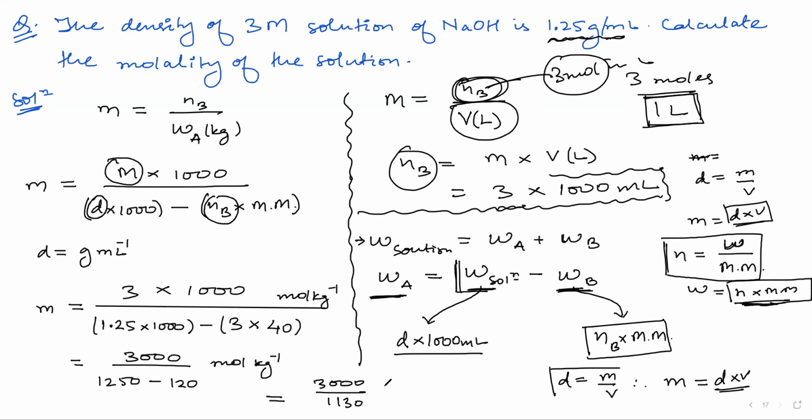Yes, sir. So this will be now 3000 by 1130, and you will get this as 2.6, I guess, mole kg inverse. Okay, so please write this formula in a nice little box or something as you like it.